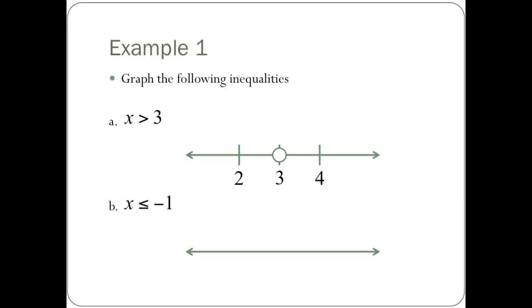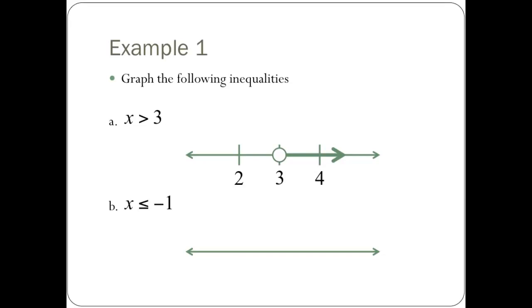And then because the variable is on the left, we can follow the direction in which this inequality is pointing, which is pointing to the right. So I'm going to shade to the right of 3. So x is greater than 3. That means anything that is to the right of 3 is what x could equal.